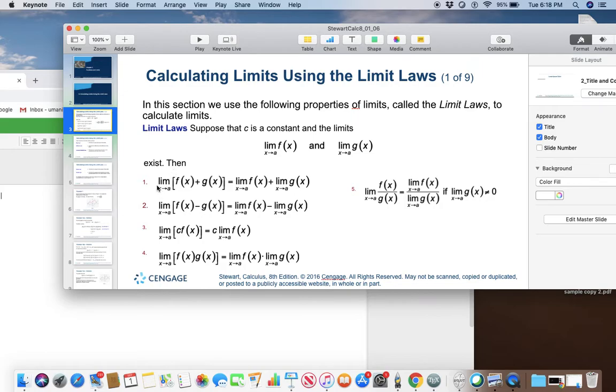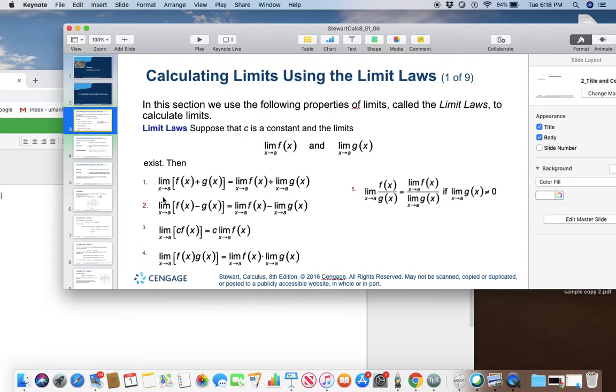Then here are 5 conclusions. The limit as x approaches a of f(x) plus g(x), so the sum of two functions, also exists and it is equal to the sum of the limits. So notice what's happened. Limit of the sum is sum of the limits.